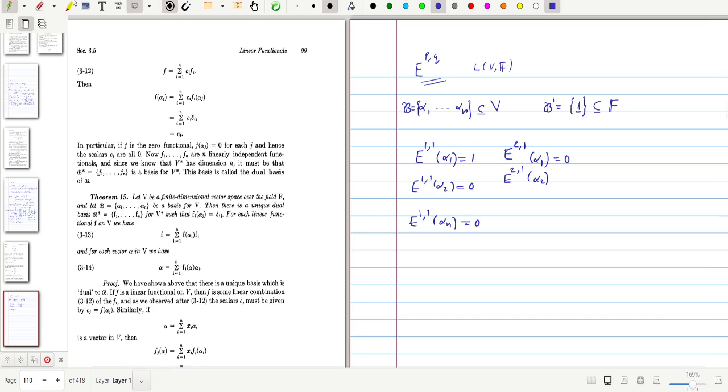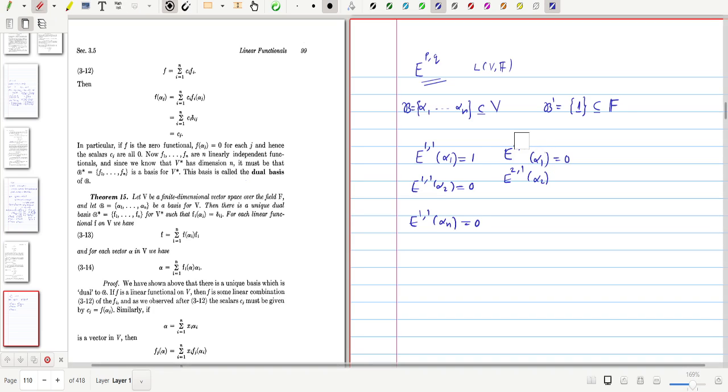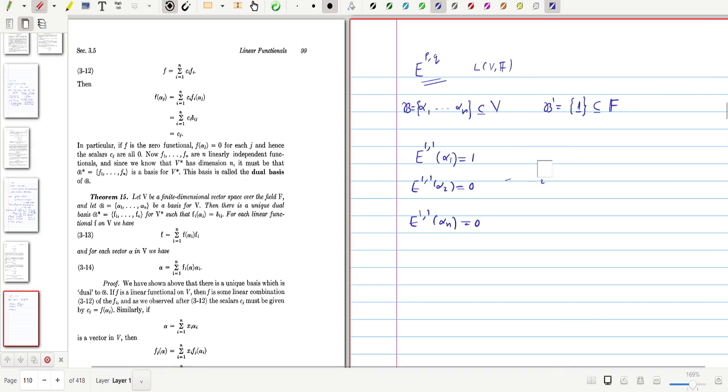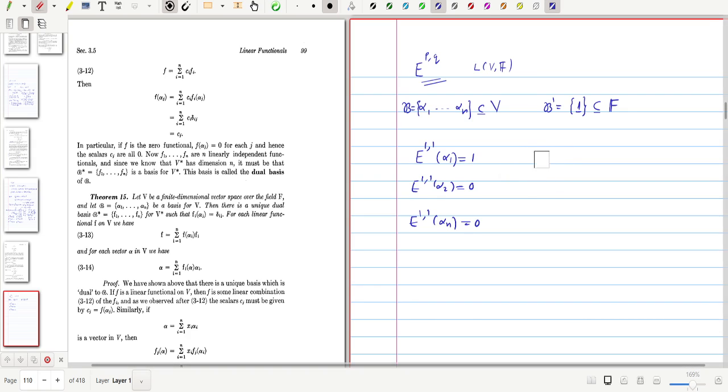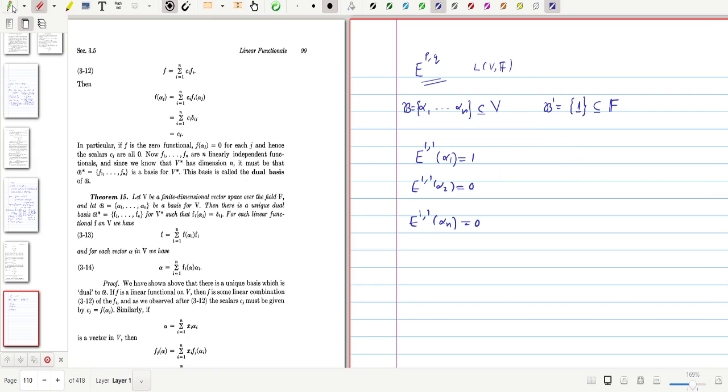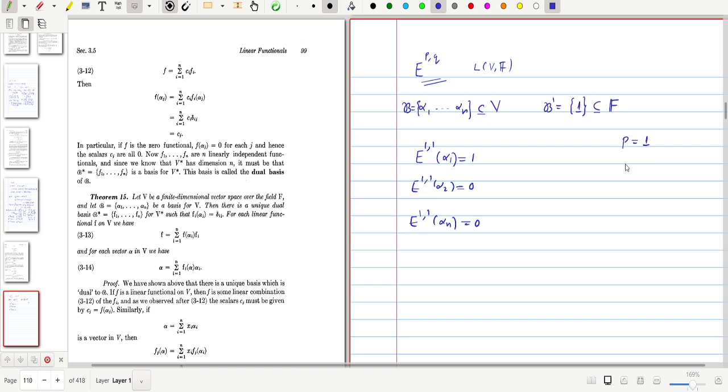The second index is always varying, but the first index has only one possible value. I will write it as p varies over 1, and q varies over 1, 2, 3, etc. n.